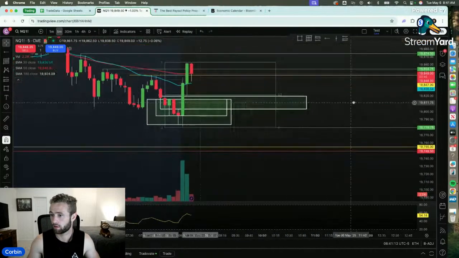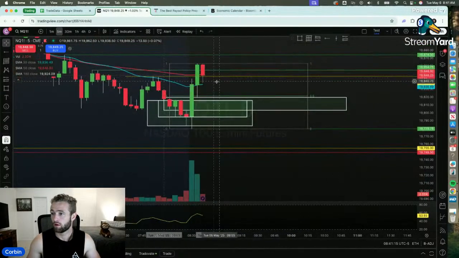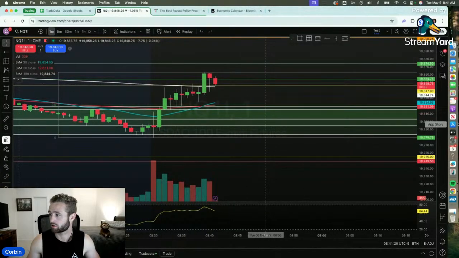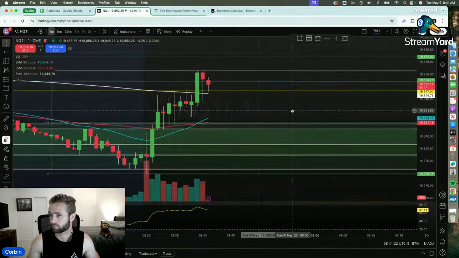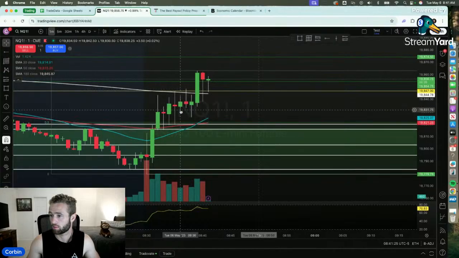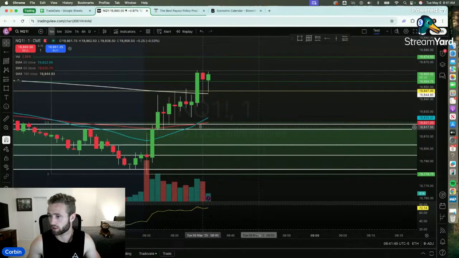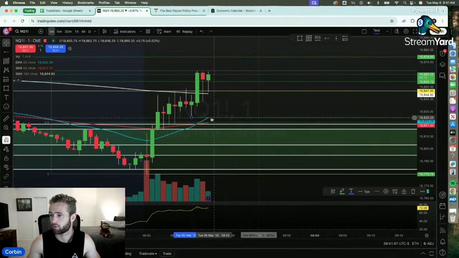So I would like to see, now that we're making a move there, a break of structure on the 1-day, 1-minute chart, which would be, so where did we make? So move up, followed by a move down. Wait, no, where's the next low? So a move down, followed by a move up. In order for us to break structure on the 1-day, 1-minute, we got to go below that.